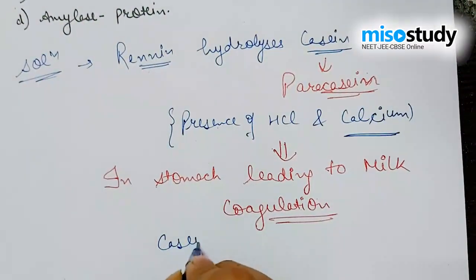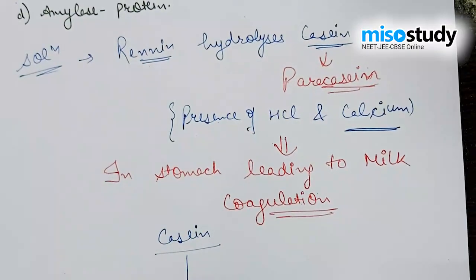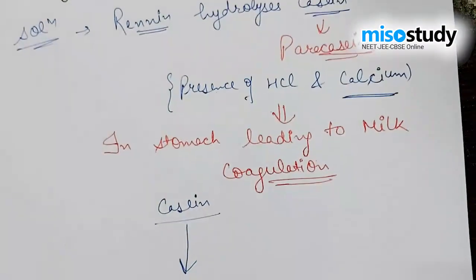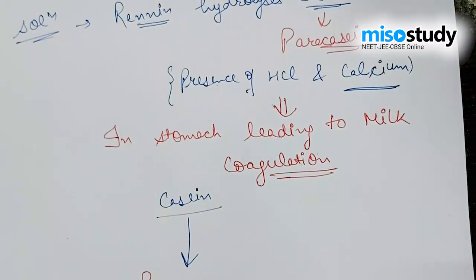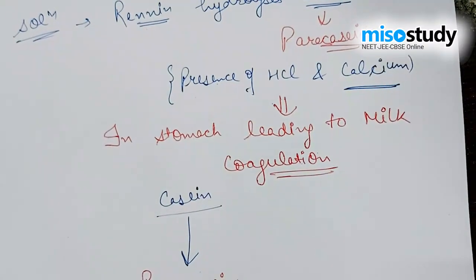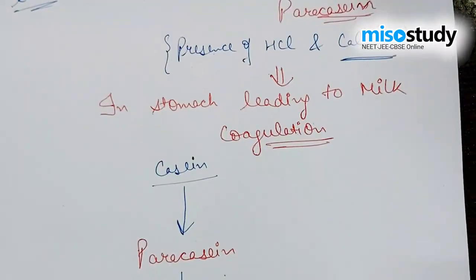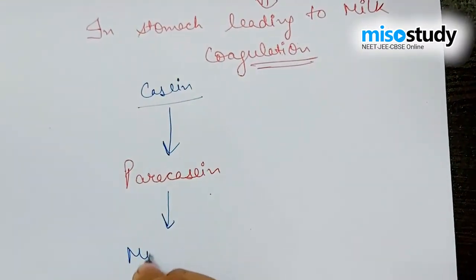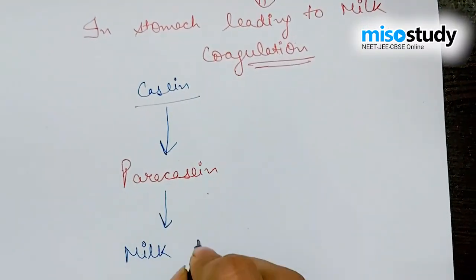Casein is converted into what? Paracasein. Paracasein is helpful in milk coagulation.